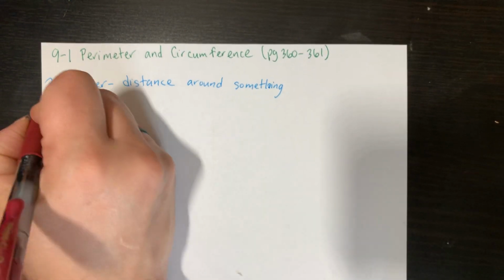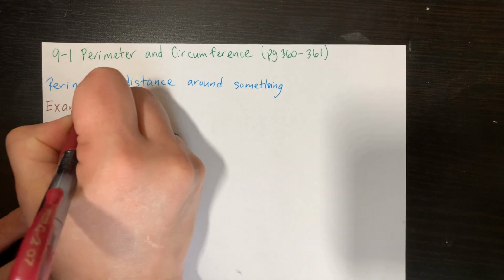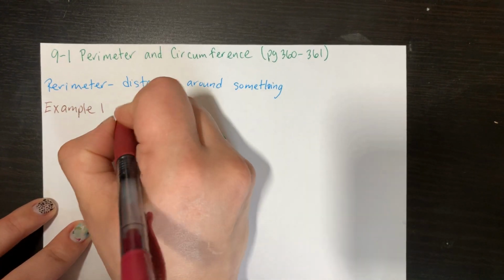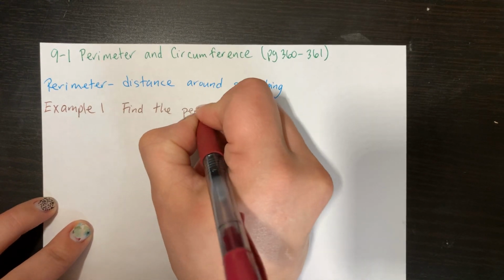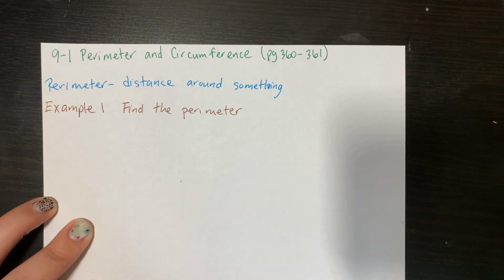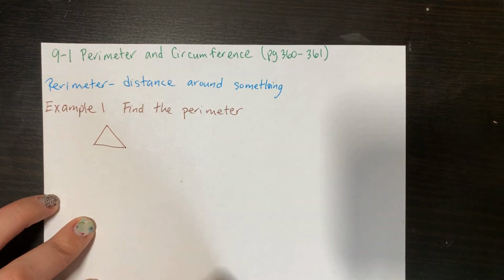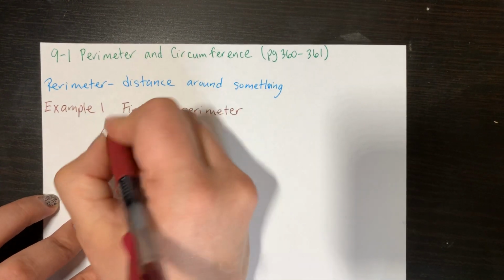The first example says, okay, it says, find the perimeter. It has a random triangle. It tells us the measures of each side.